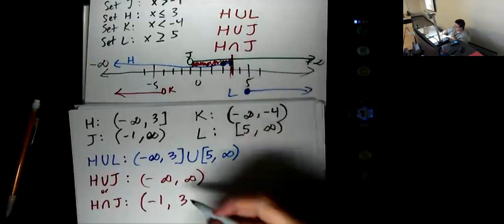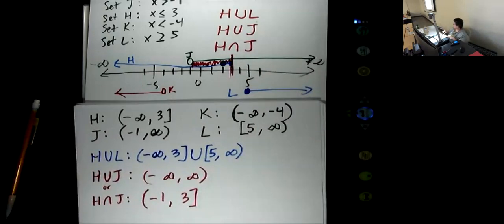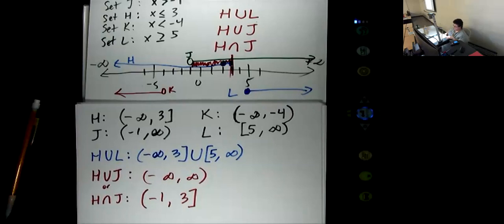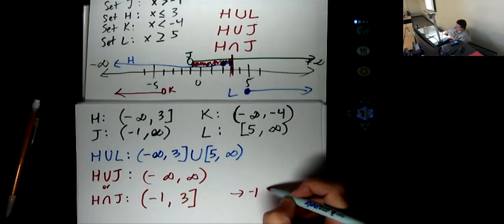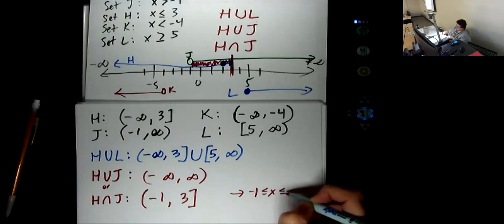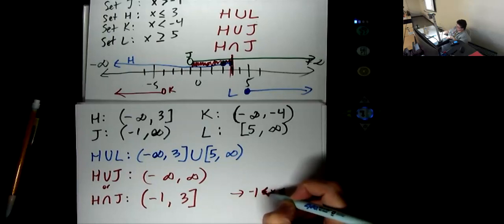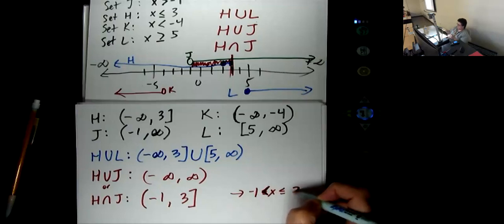Both of them are touching the 3 part though, right here, that's hitting 3. They both hit 3, so we're gonna have a bracket for that one. And that one's like saying -1 is less than X, less than or equal to 3.